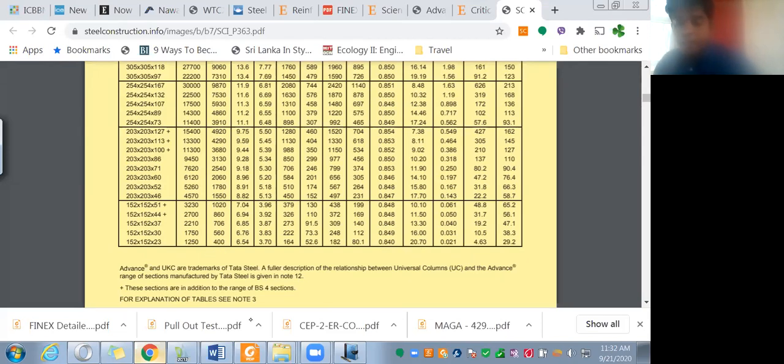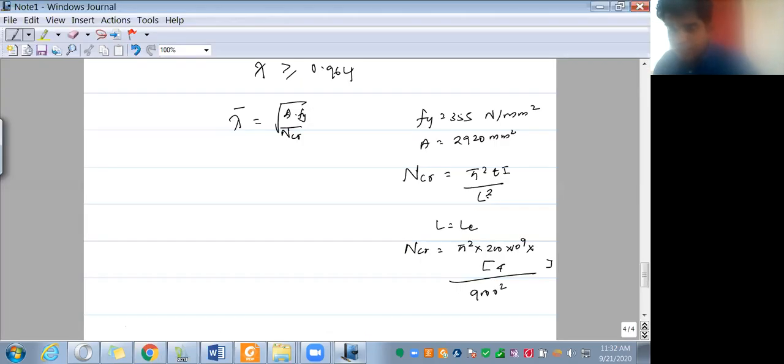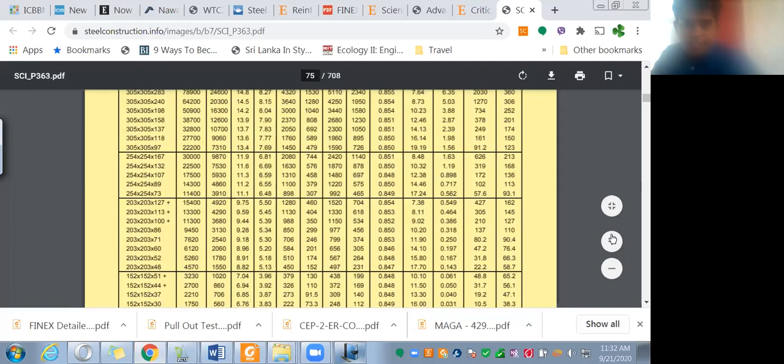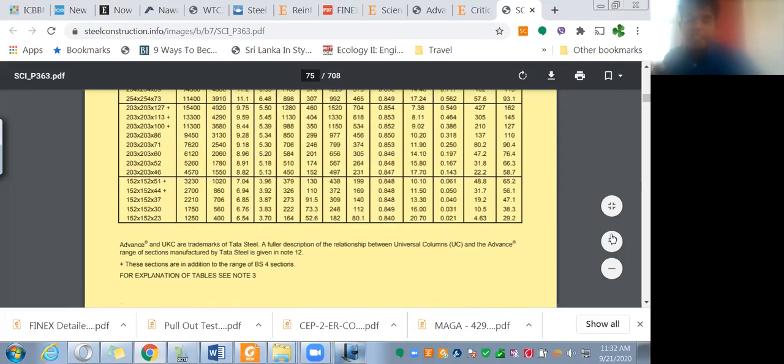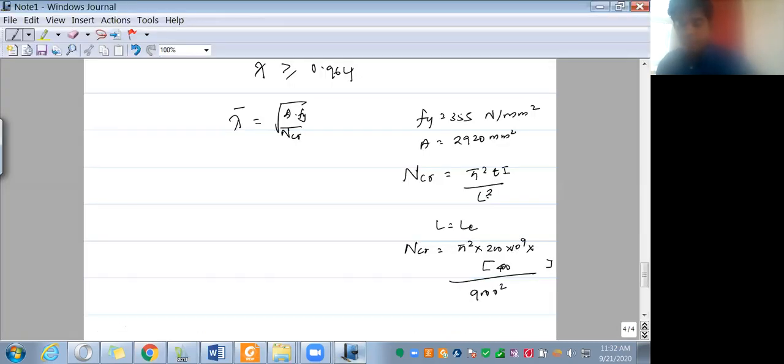So it will buckle about the weak axis, so that value is 400 centimeter to the 4. So 400 into 10 to the 4.